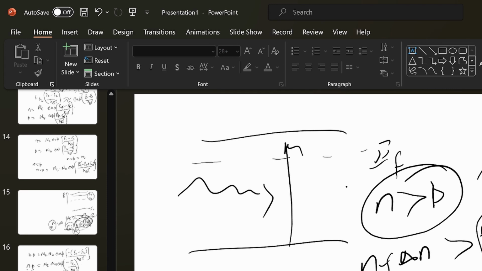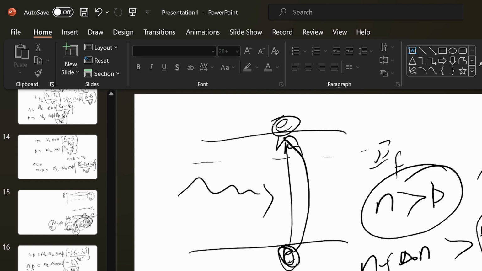These will be equal, because when there is a generation of holes inside a semiconductor, an electron goes from the valence band to the conduction band.